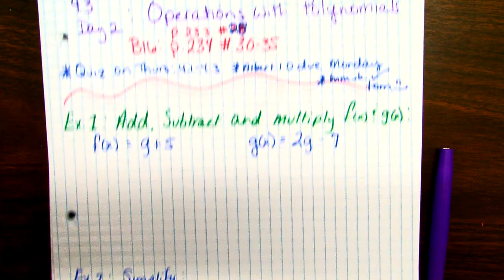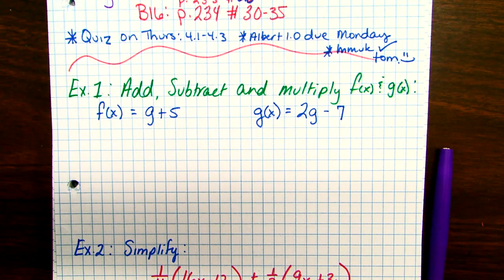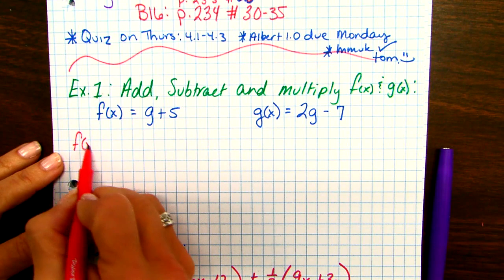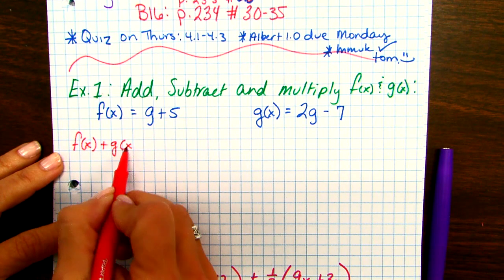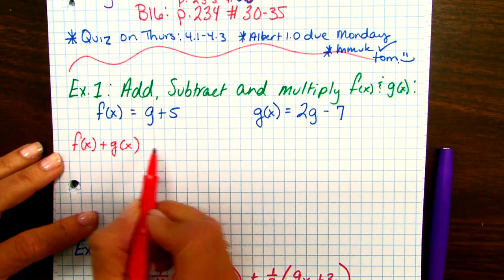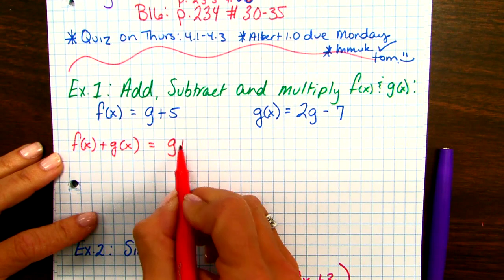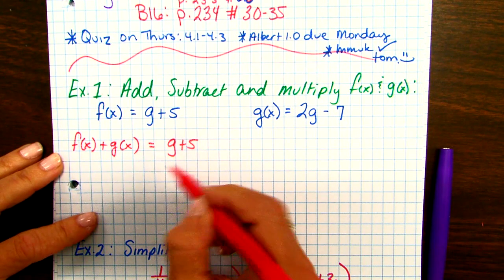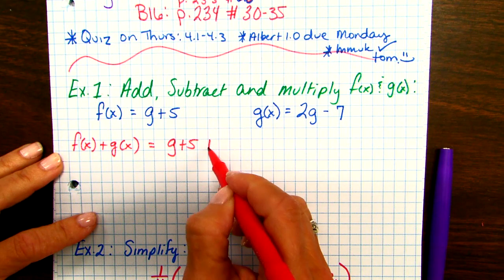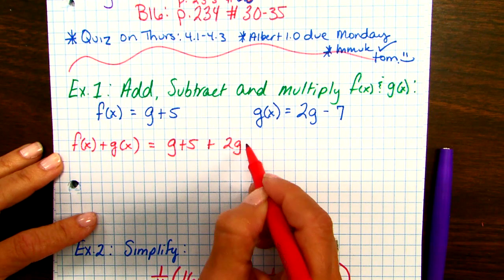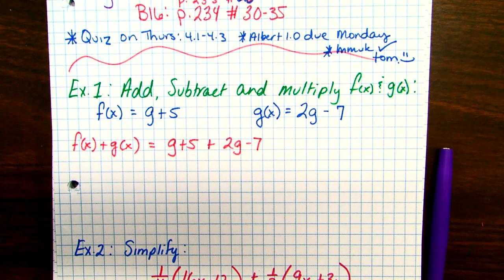Okay, so we have f of x and g of x, and we're being asked to add, subtract, and multiply. So let's do f of x plus g of x first. Okay, so that's g plus 5. And if you want to put it in parentheses, you can. But when it's addition, you don't really need the parentheses, because you don't have to worry about changing any signs.